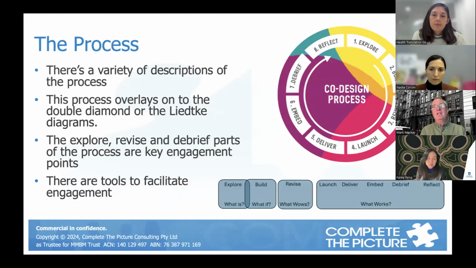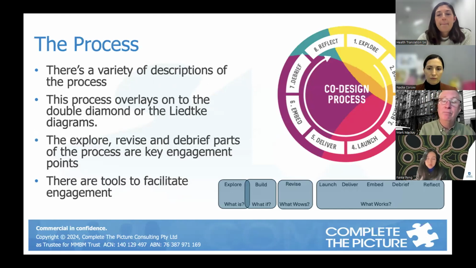So the process, again, can be represented by a nice visual where we explore, build, revise, launch, deliver, embed, and debrief, and reflect. And what we learn in that reflection means we go through the process until we continually improve our system and until we're happy with the end result.